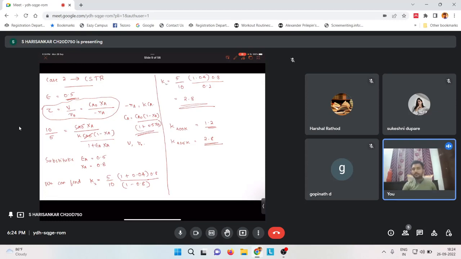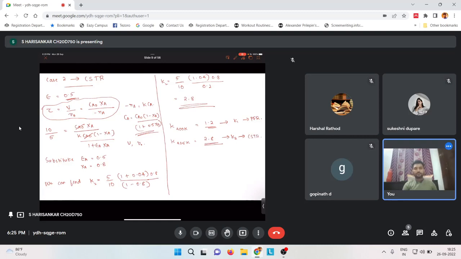So this K2 will be 2.8. Okay. To avoid confusion, we can write K. So this is K1, which is K at 400 Kelvin, that is 1.2 for PFR, and this is K2, which is K at 425 Kelvin, and that is 2.8, and this is for CSTR.